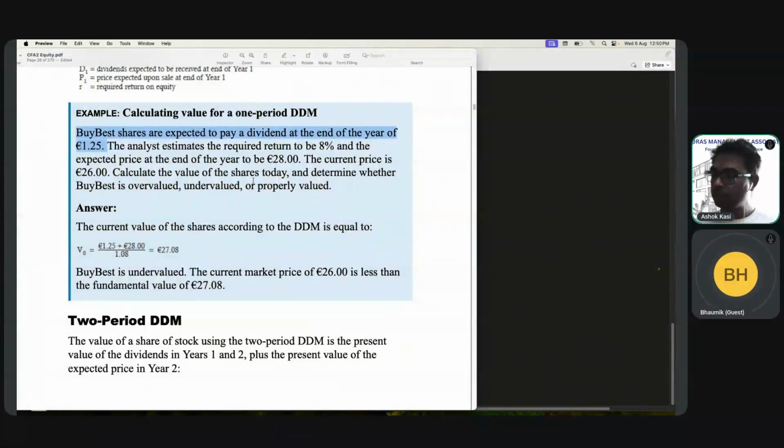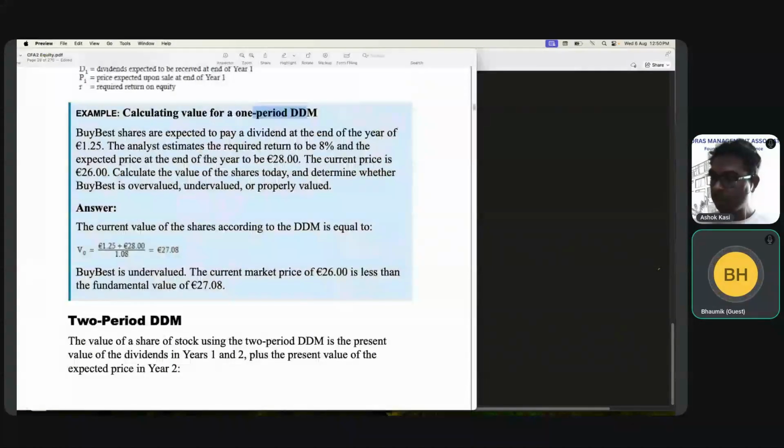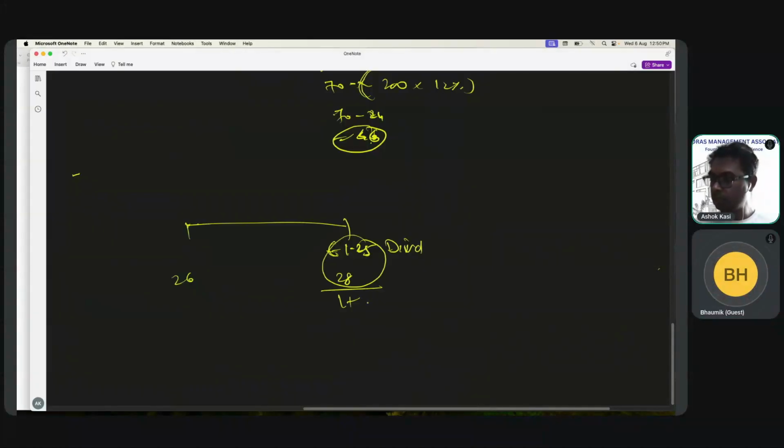Calculate the value of the shares today and determine whether Best Buy is overvalued, undervalued, or properly valued using the one-period dividend discount model. So this is the amount I'm receiving, and the required rate of return is 8%. Just calculate this.